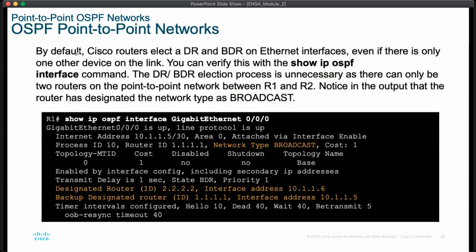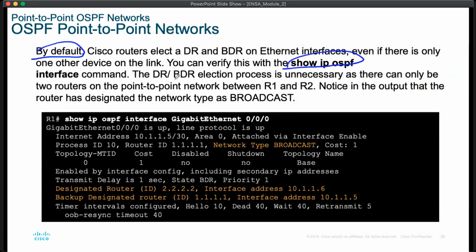OSPF point-to-point network. By default, Cisco routers elect a DR and BDR on Ethernet interfaces, even if there is only one other device on the link. You can verify this with the show ip ospf interface command.